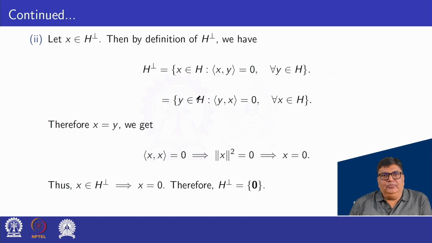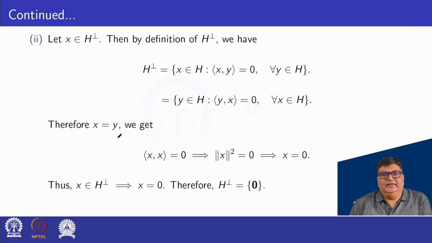Y belonging to H, and also we know that if the inner product of X, Y is equal to 0, then the inner product of Y, X is equal to 0. So this definition can be written like this.